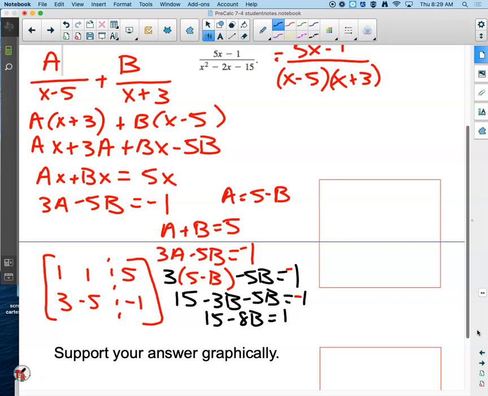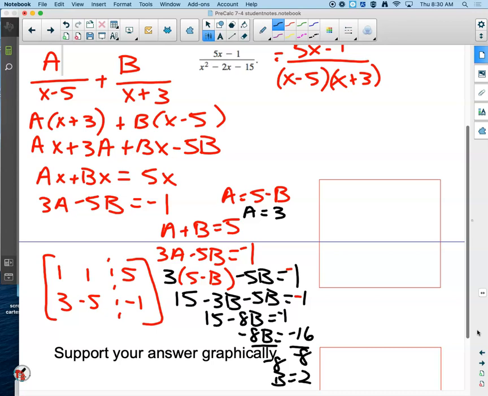All right, so we keep going. Negative 8b equals negative 16. Divide by negative 8. And b comes out to a lovely little 2. And then we can go right back up here and do 5 minus 2 is 3.